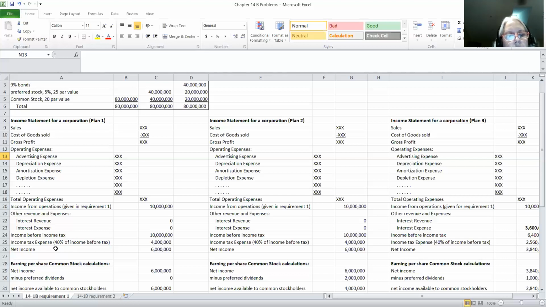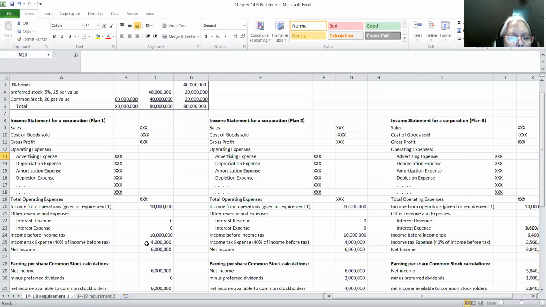So what you're going to need to understand is that in the real world, the corporation would fill out a tax return just like you fill out your personal tax return to the federal government. This tax return is where we would determine the amount of the income tax expense for that period of time.